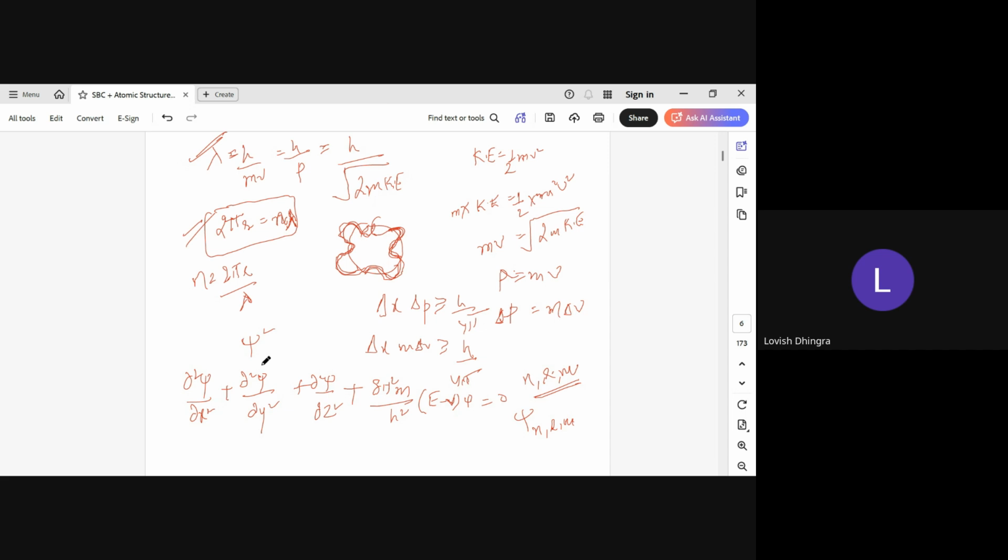Next come the nodes. What is a node? A node is where the probability of finding the electron is 0. The region where the probability is 0 is known as a nodal plane or nodal region. So what is the formula for nodes?